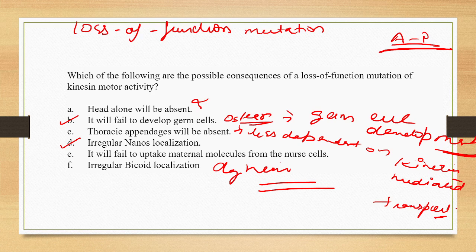Therefore, if there is a loss of function mutation in kinesin motor activity, the movement of maternal molecules from the nurse cell is not affected. Okay, so this is the explanation.